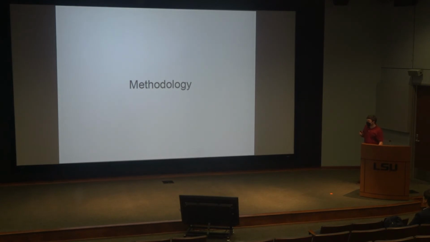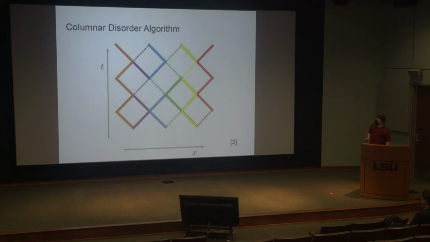In our project, to make our percolation model, we created a program that runs three algorithms. The first algorithm is a columnar disorder algorithm. Basically each little zigzag represents a different qubit, like the qubits are up here over time. Before we perform any measurements on the quantum circuit and the lattice correspondingly, when we cut the bonds, there's already going to be qubits that aren't connected.